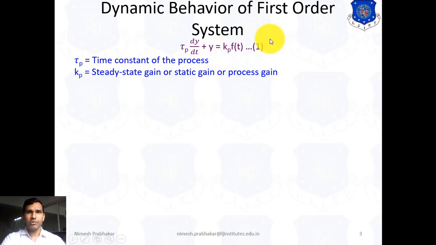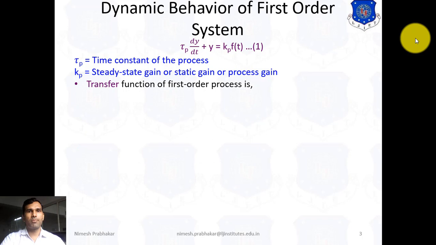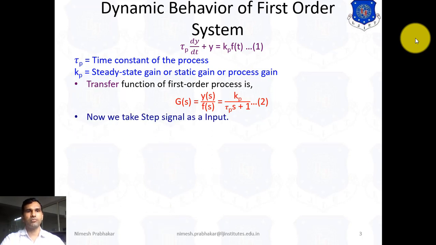Now we also know the Laplace transform of the first order system. We can write it as G of s is equal to Y of s upon F of s is equal to Kp upon tau p s plus 1. So this is the equation of the Laplace transform of the first order system.